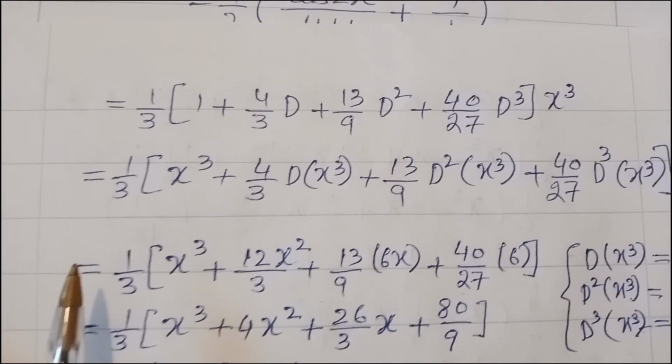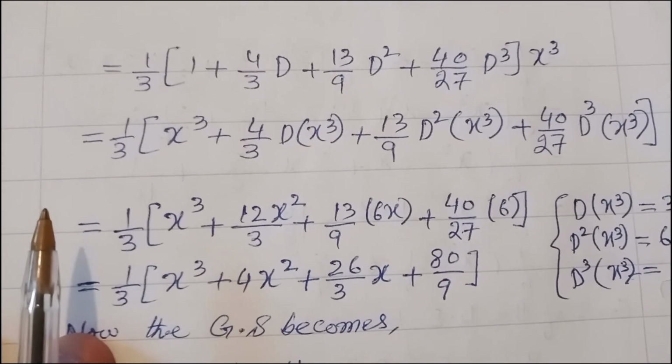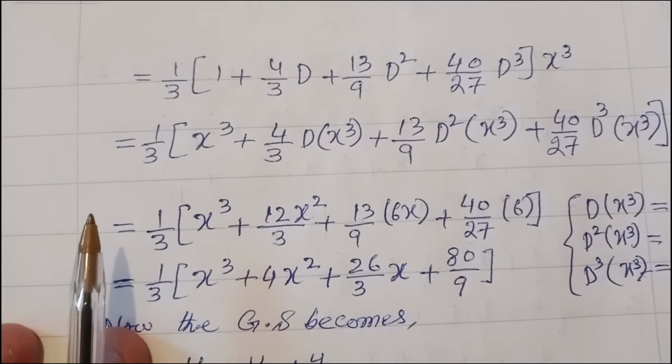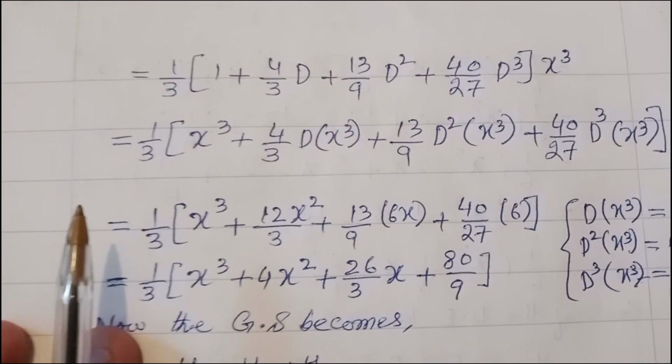So 1 upon 3 times 1 plus 4 upon 3d plus 13 upon 9 d square plus 40 upon 27 d cube into x cube, right?